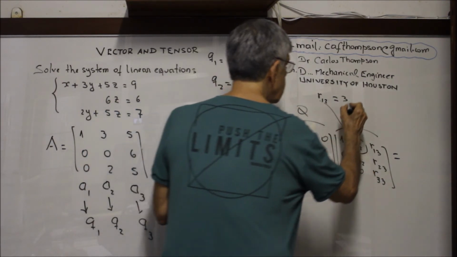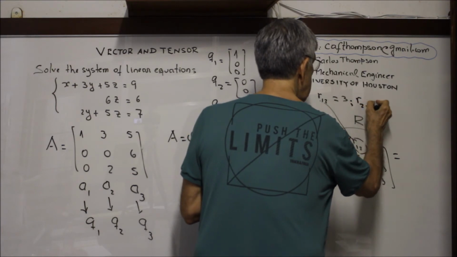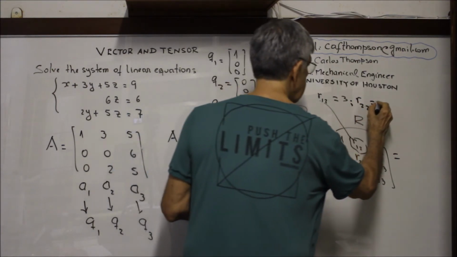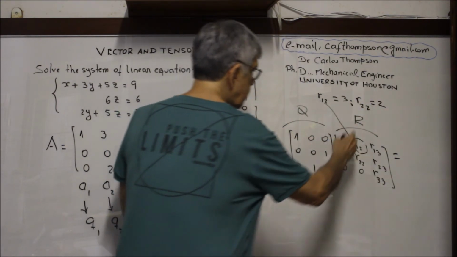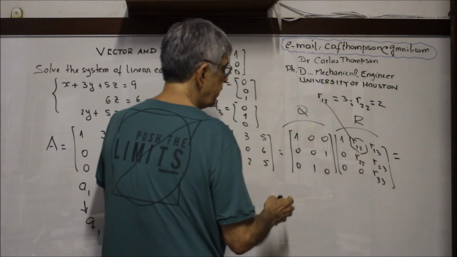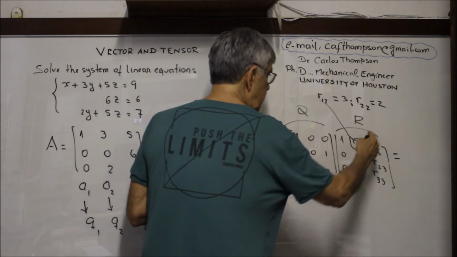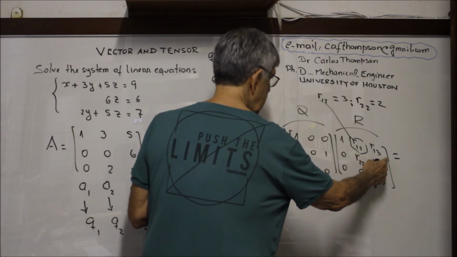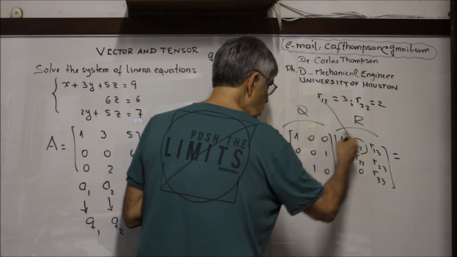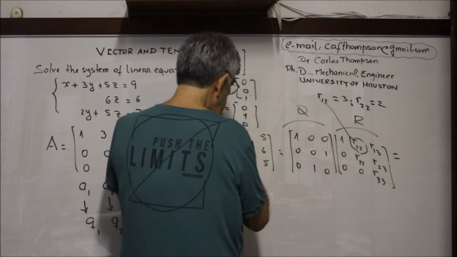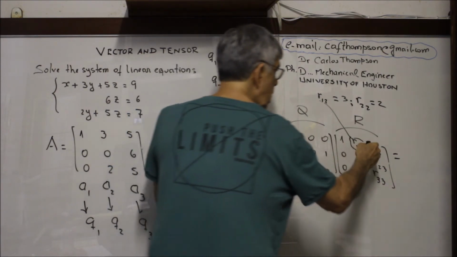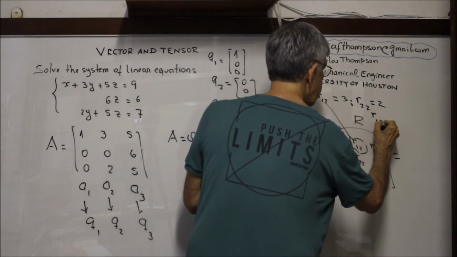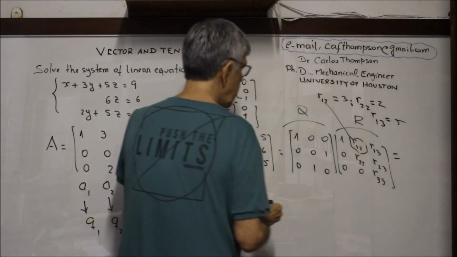So R22 is equal to 2. Now let's see the first row, third column. This is R13. First row, third column is 5, so R13 is 5.